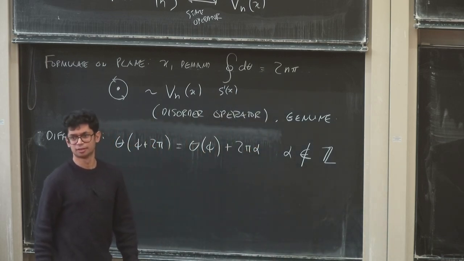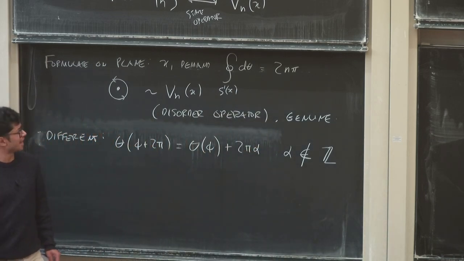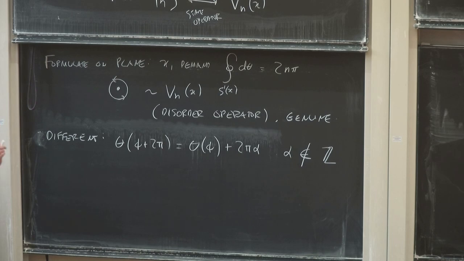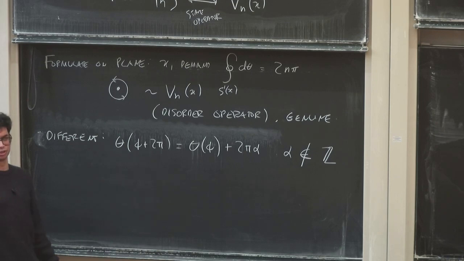In other words, I am demanding that when I go around the cylinder, I do not come back to an integer number of windings around the circle. This feels wrong in some way, right? And what I'm trying to push on is, why does this feel so wrong?